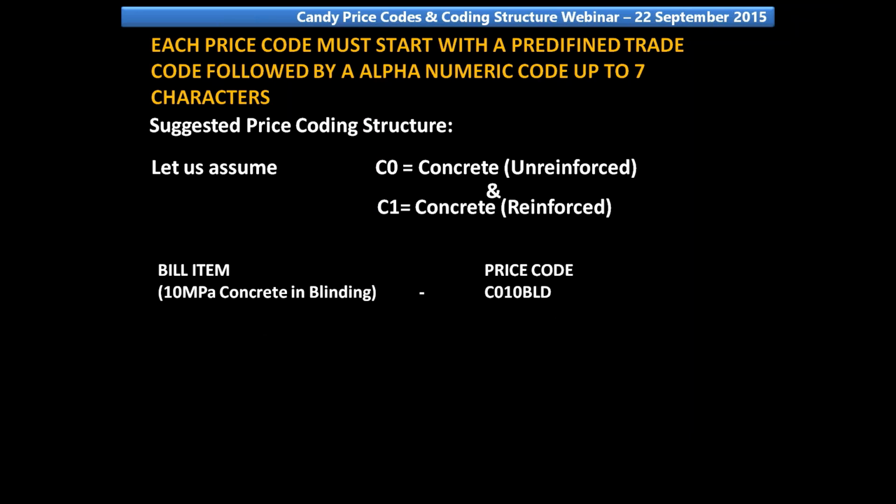Bill item 10 MPa concrete in blinding. Create my own price code: C010BLD. And if I were to give more detail of my price code, C represents concrete, which is the trade.